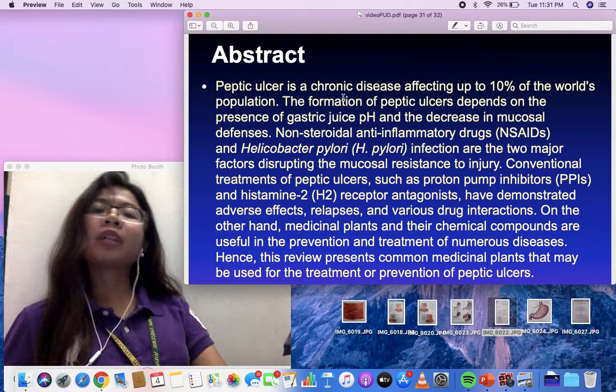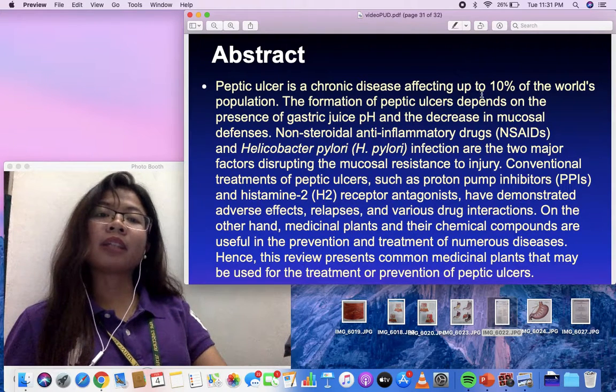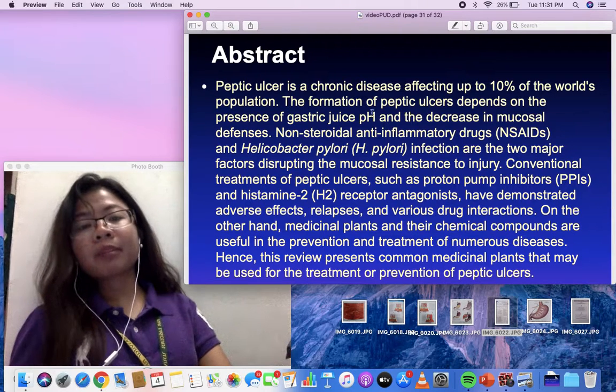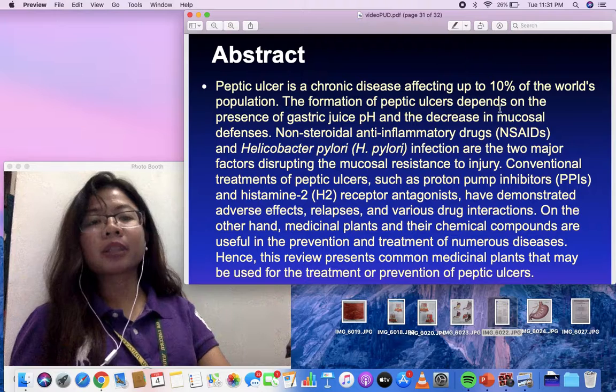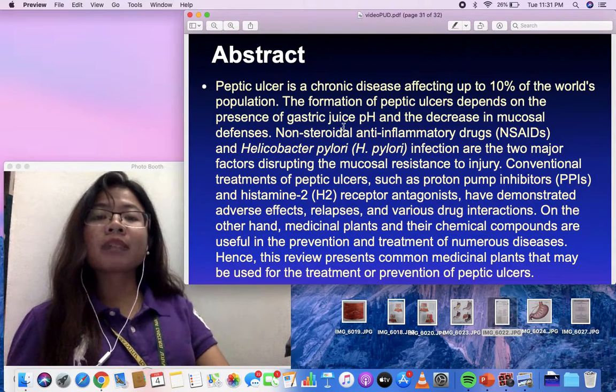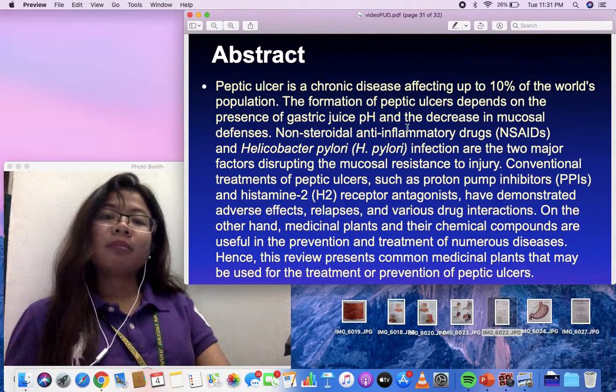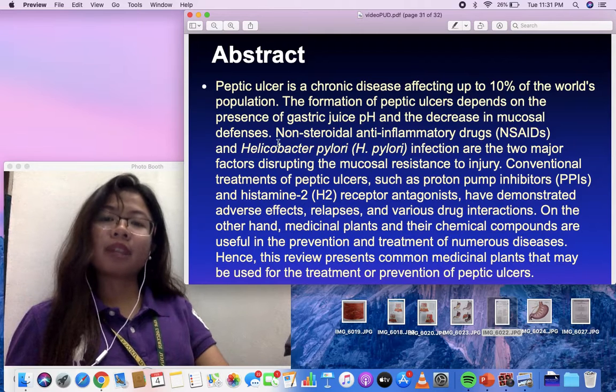Peptic ulcer is a chronic disease affecting up to 10% of the world's population. The formation of peptic ulcers depends on the presence of gastric juice pH and the decrease in mucosal defenses.